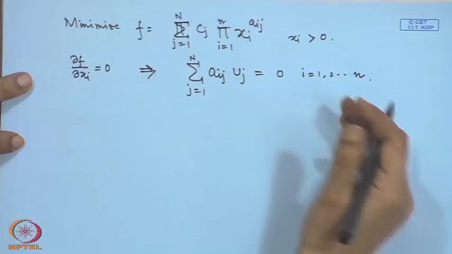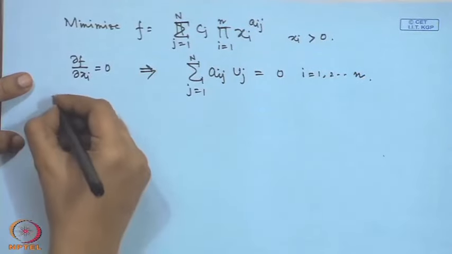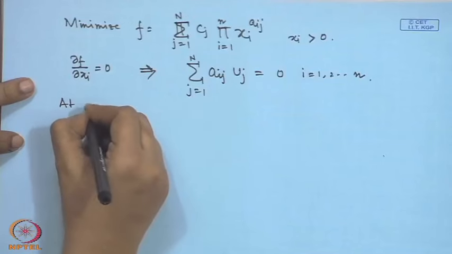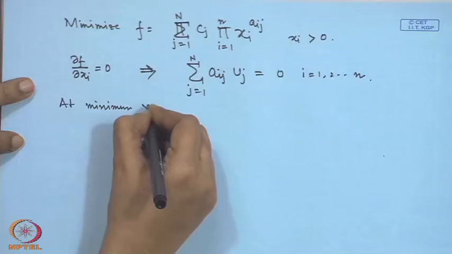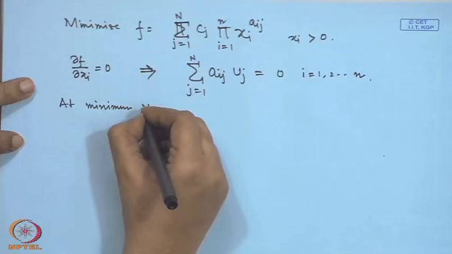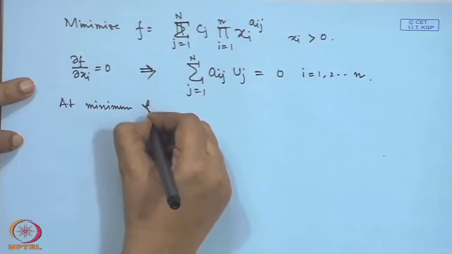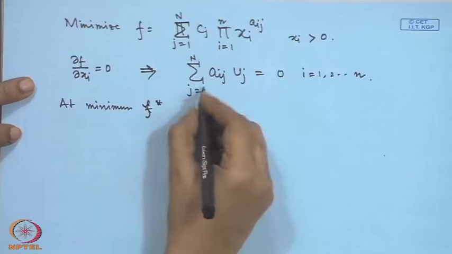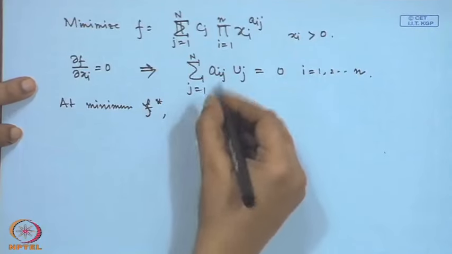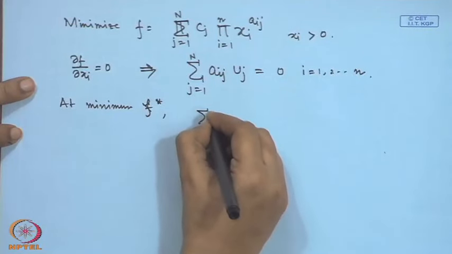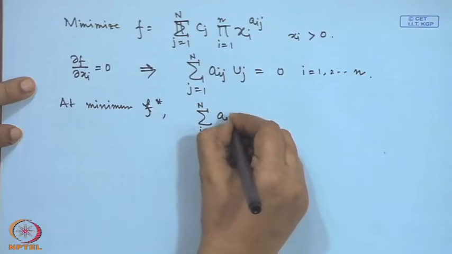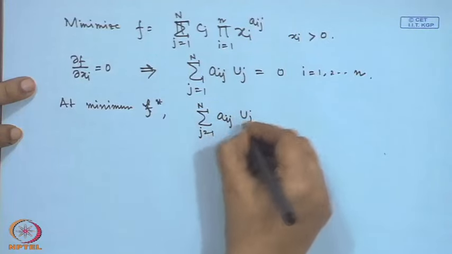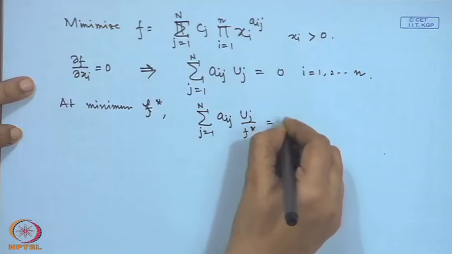And from here we are developing the theory that at minimum f star, these equations can be modified in this way: uj divided by f star is equal to 0.